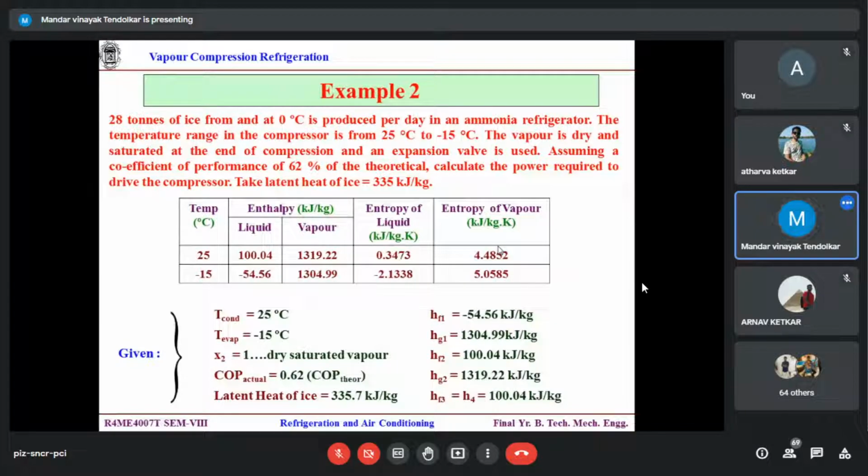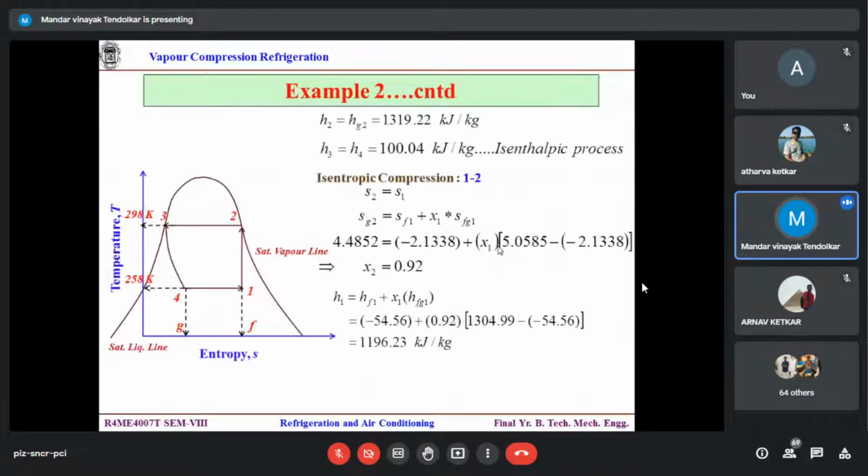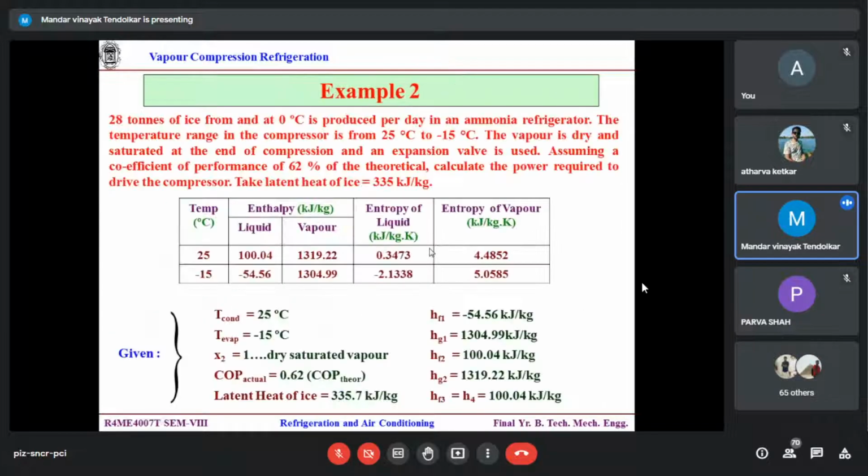Vapor, 4.48. So I substitute over here 4.48. Then Sf1. Now here it would be like this. Correct? Yes, sir. So this is my Sf, this is my Sg. By the way, what is the meaning of -2?